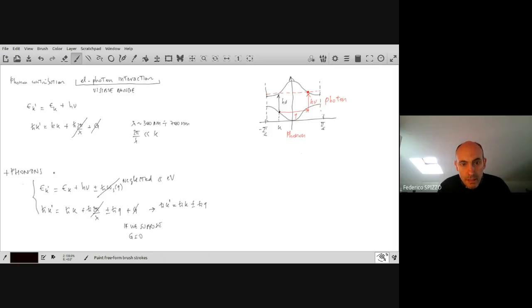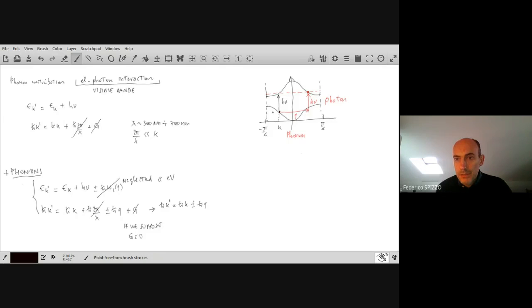So in this picture, considering also the phonon contribution, we have also the opportunity to access many different final points that were not accessible before, thanks to the contribution that is given mainly on the horizontal axis, because on the vertical axis, the photon gives the leading contribution.